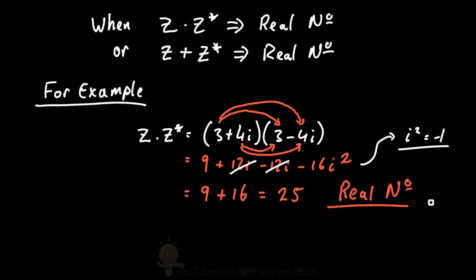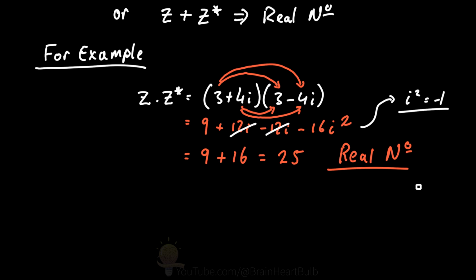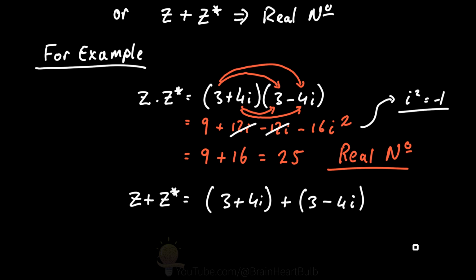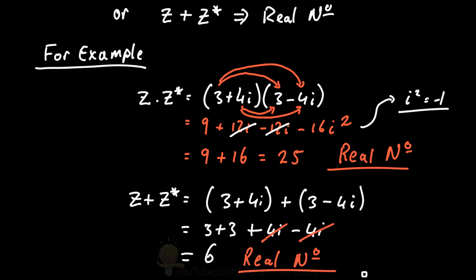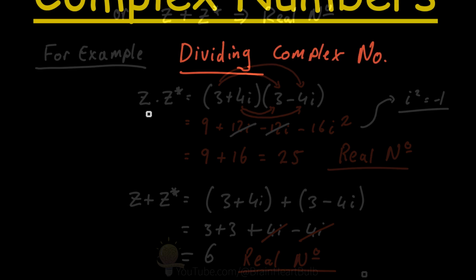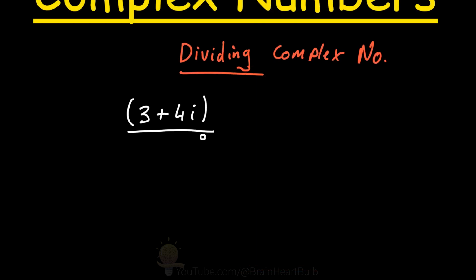So we end up with two real numbers here because the imaginary numbers cancel out. And the same is true if we add them together. So you can see here that +4i added to -4i cancels out, and we're left with a real number. So this property is really helpful when we're dividing two complex numbers together, and this is because it allows us to remove the imaginary number from the denominator.